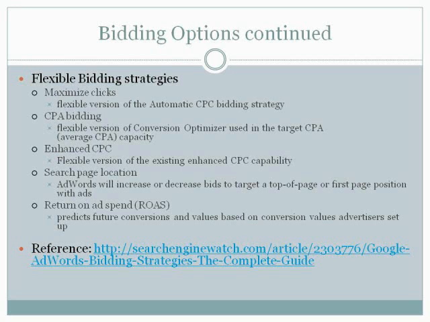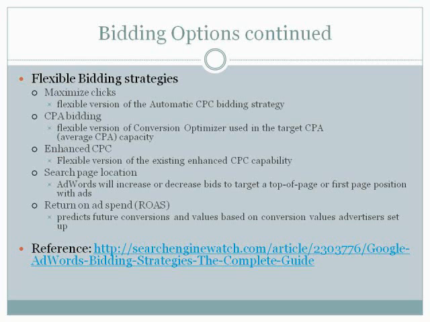And then there's also this last option, which is a return on ad spend, which predicts future conversions and does your bidding based on what the conversion values are likely to be. So a little bit confusing. I think if I were first starting out, I would start with some of the manual options first and monitor those and see how it goes.